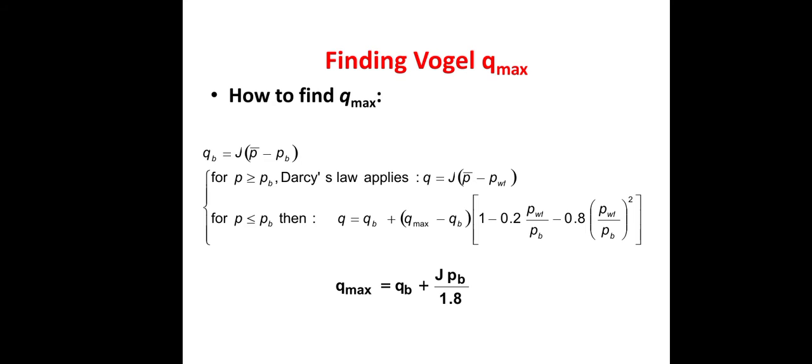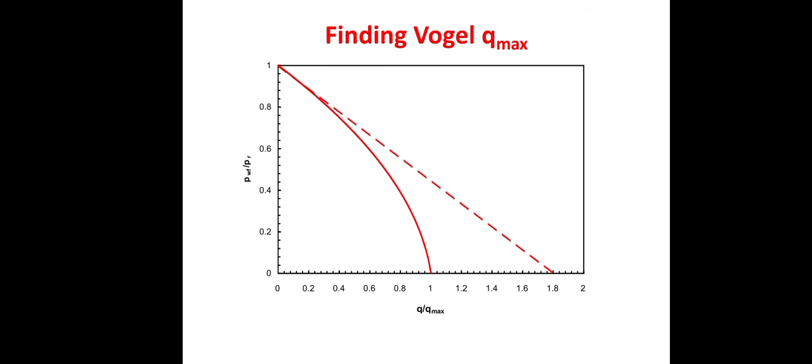Then this is what you will obtain. As I said, on the x-axis you have Q over Q max, and on the y-axis you have PWF over P. Please pay attention here.